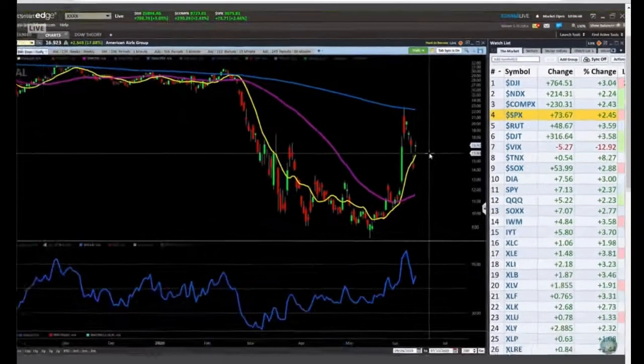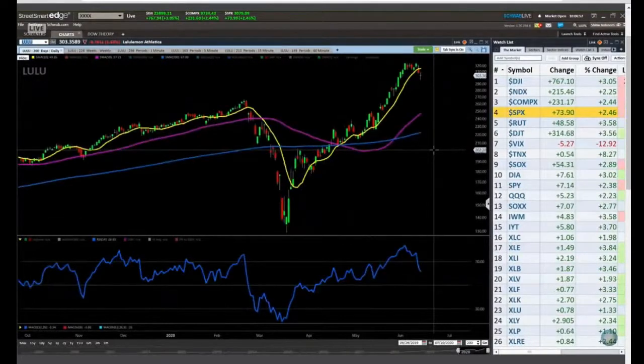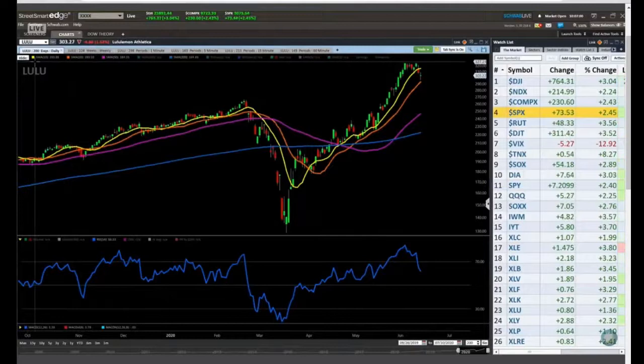Lululemon. Well, they've been on a tear, obviously. They had quarterly earnings of 22 cents a share that missed by a penny. Their revenue also came in below forecast due to the store closures.